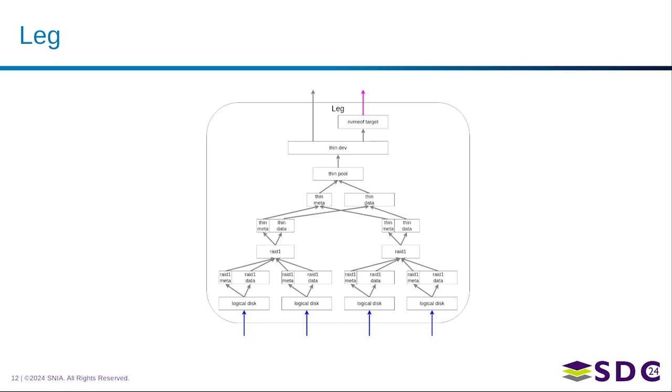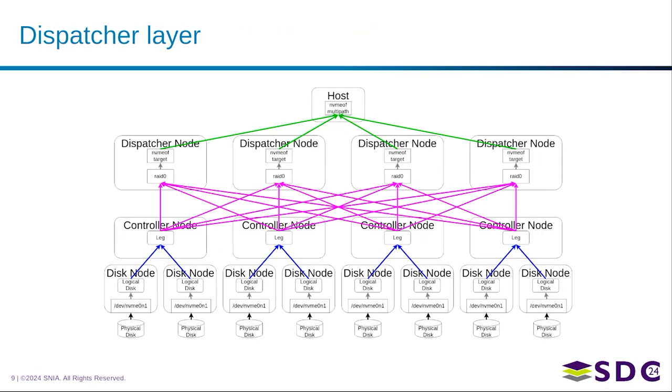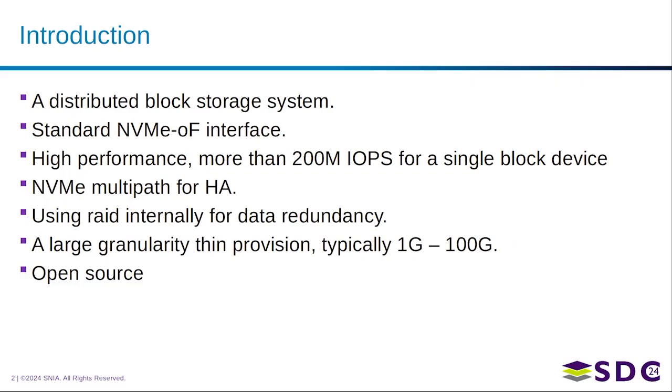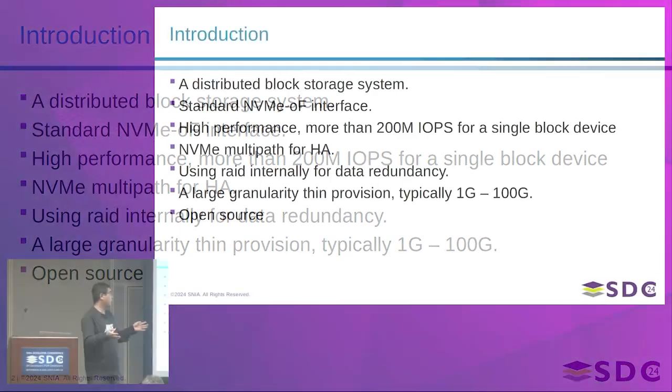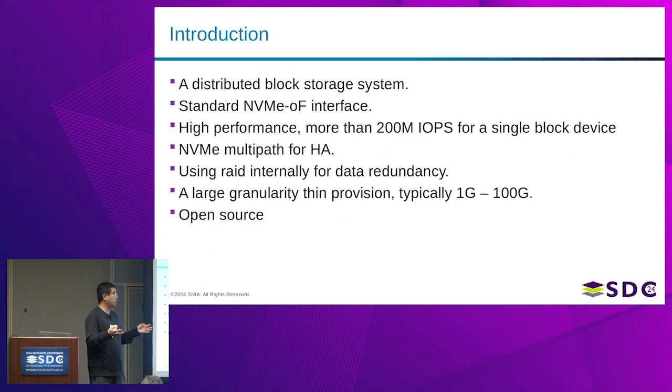So different virtual NVMe devices will have different thin pools. The different virtual devices don't share the same thin pool. Let's return to what I mentioned first: it provides a larger granularity of thin provisioning, typically 1 gigabyte to 100 gigabytes.